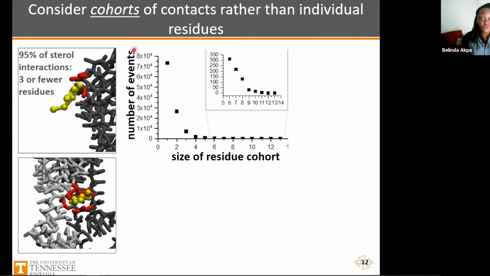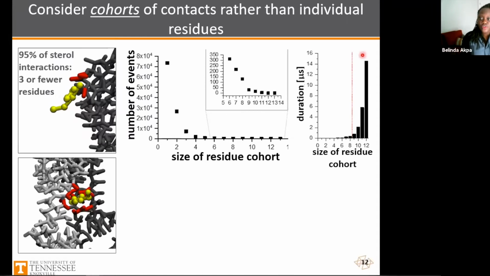So we have number of contact events on the y-axis, number of residues in the contact cohort on the x-axis. 95% of the interactions are with 3 residues or fewer. It is a rare event where we see contacts with a large number of residues, say 9 or more. And those are the contacts that look more like what we saw in the video on the previous slide. Those seem to be our binding events.